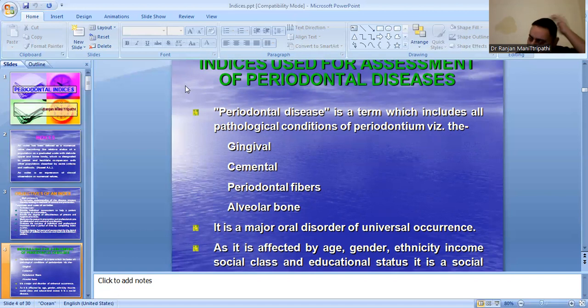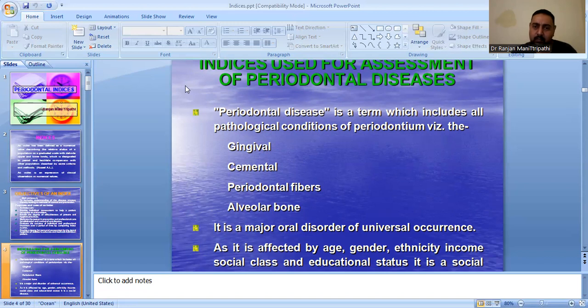Periodontal disease is a term which includes all pathological conditions of periodontium, that contains gingiva, cementum, periodontal fibers and alveolar bone.